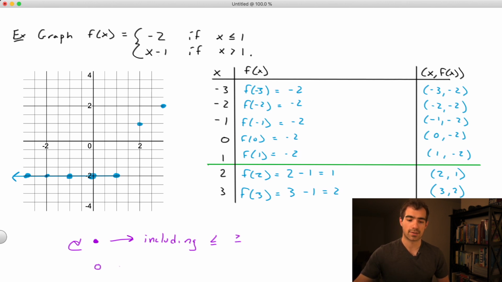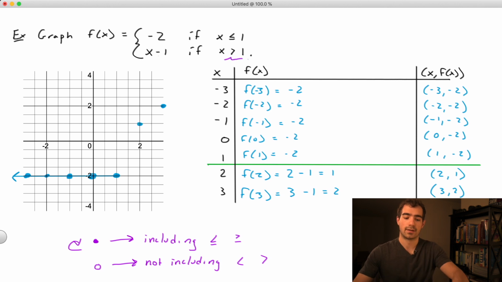And then an open circle to represent not including the value, which is represented by just a less than or greater than sign. And so if we look up here and we see the less than sign here, that's going to indicate that we're going to need an open circle. And when we see the less than or equal to sign here, that's going to indicate that we're going to need the closed circle.